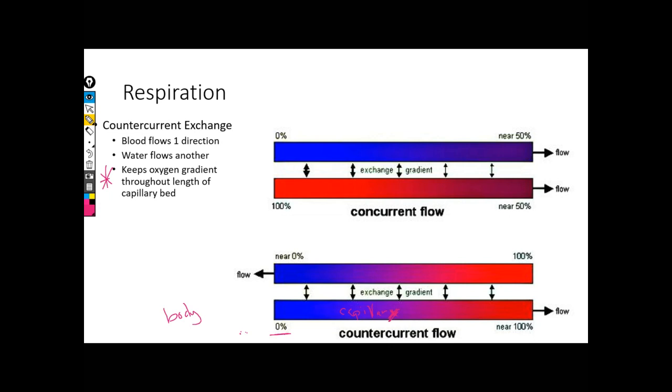Very exaggerated. Certainly we never get down to 0, but it would be very low. By the time my blood gets around to my gills, it's traveled through my body, it's donated oxygen to all the places that's important, my brain, my heart, my muscles, making all my fishy body happy and worky. So by the time it gets around to my gills, the whole point is I want oxygen. So it's come in very low. That's terrible handwriting. And so the flow of my blood is going one way.